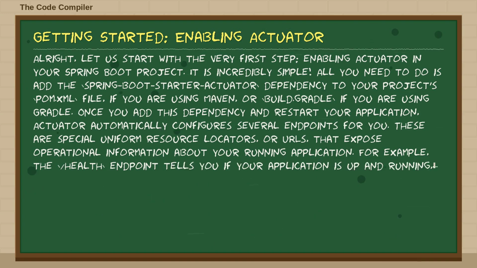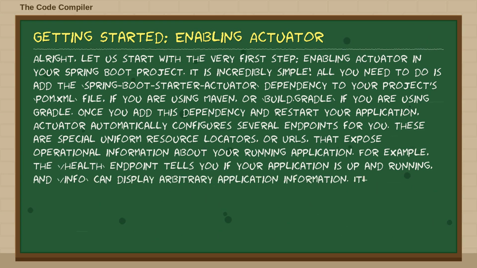For example, the health endpoint tells you if your application is up and running, and info can display arbitrary application information. It is like giving your application a direct channel to report its status and details. This dependency is the gateway to unlocking all the powerful monitoring capabilities.